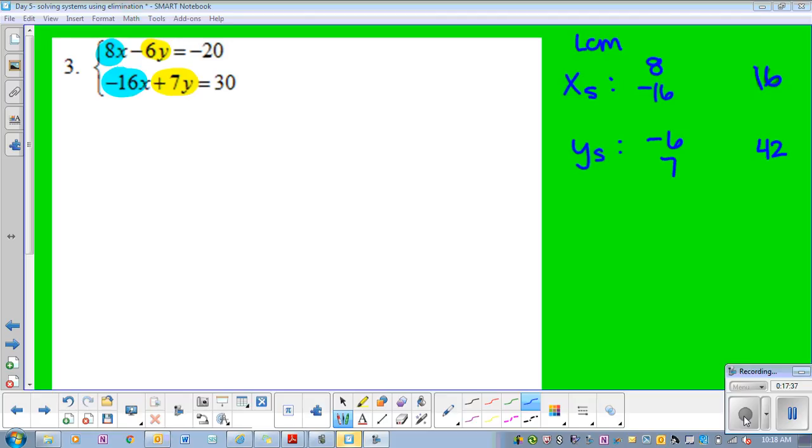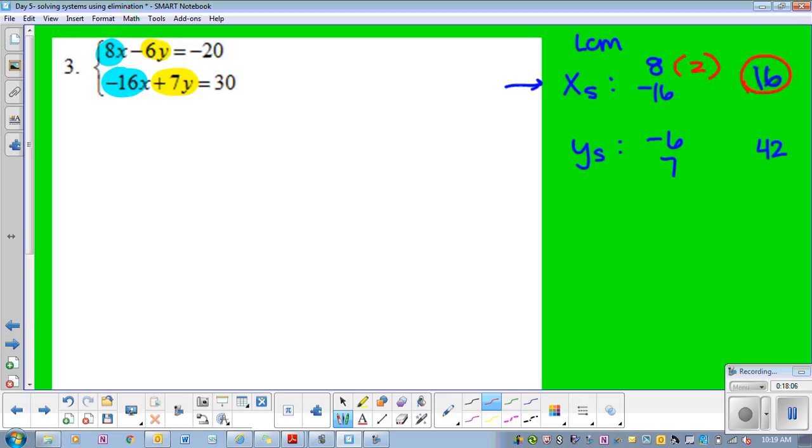All right? So let's think about this. Guys, we want to go with the x's because their LCM is 16. And look, I already have a negative 16, right? So the only one I would have to fix is this top one because I would have to multiply it by what to get a positive 16? 2, right? Because what's 16 divided by 8? 2, right?